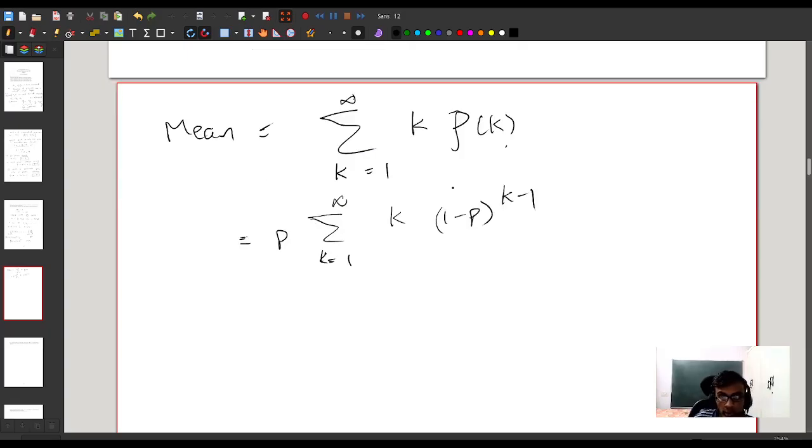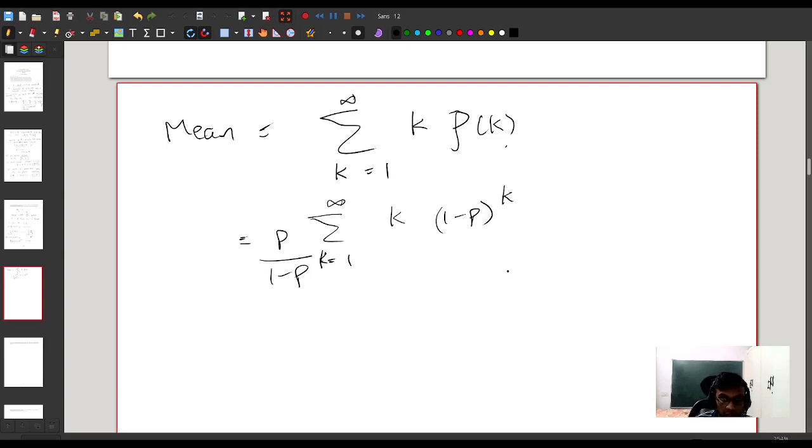Or let me just write it like this. We have to do this series. It's obviously a convergent series because 1 minus p is between 0 and 1.